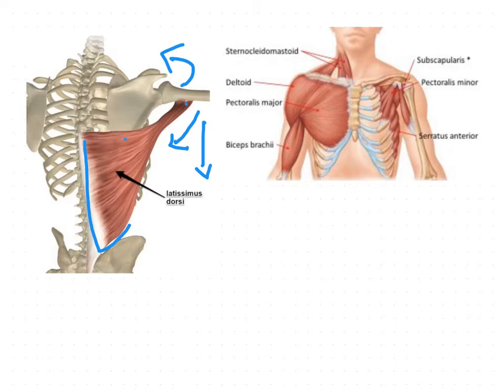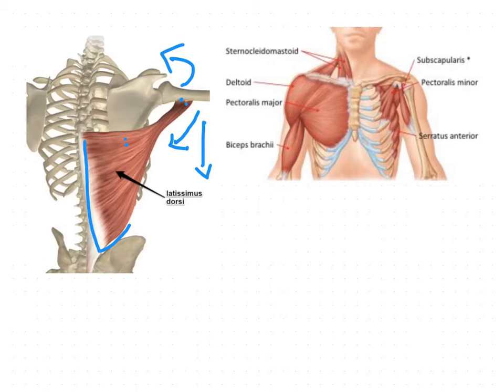As we know, the inferior angle of the scapula is attached to the latissimus dorsi, and it is attached to the humerus at the floor of the intertubercular sulcus, where the latissimus dorsi is getting inserted.